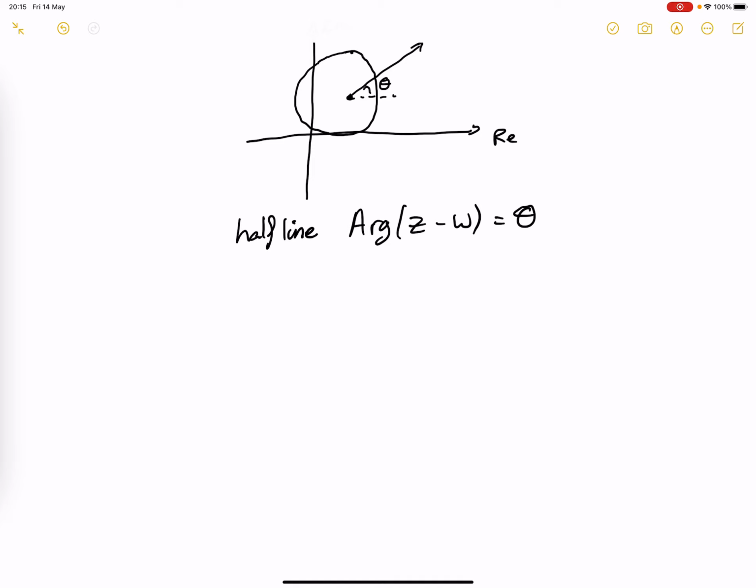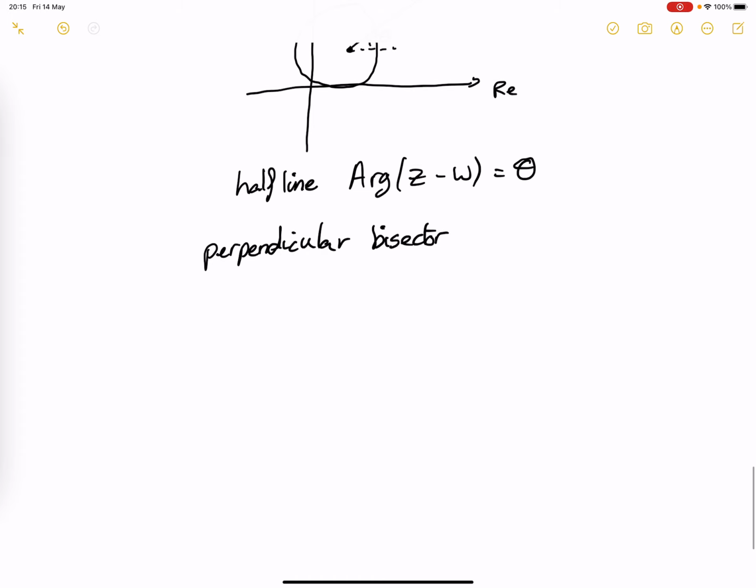Finally, you have the perpendicular bisector. This is probably the least common in further maths, but it's still one you need to know. And this is mod z minus w1 is equal to mod z minus w2. It should be mods around that, so straight lines.